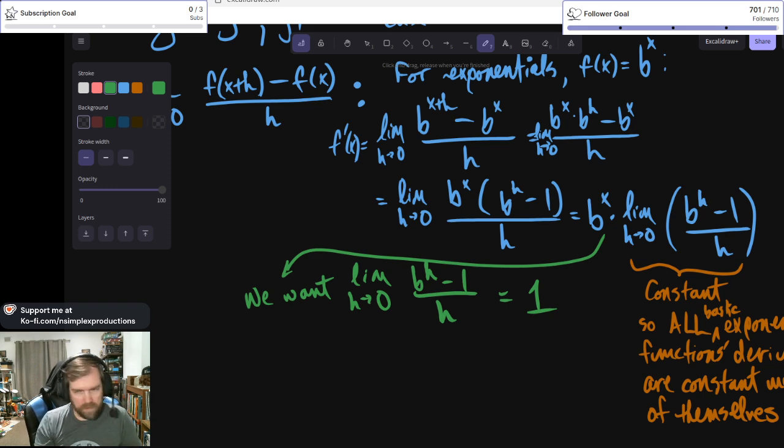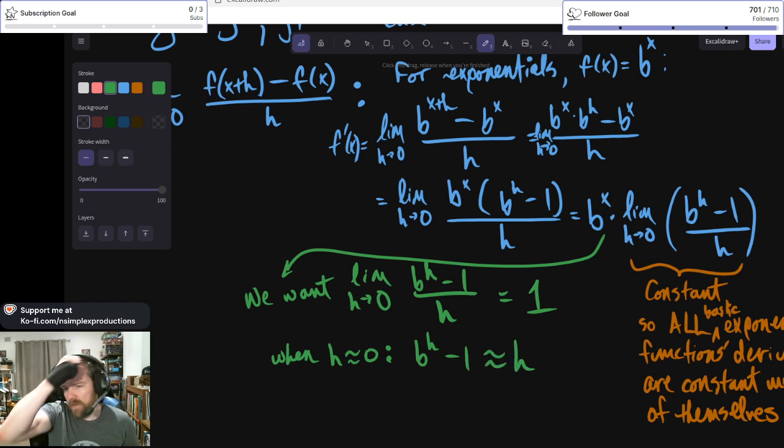So when h is approximately equal to 0, we're going to get b to the h minus 1 is approximately equal to h.